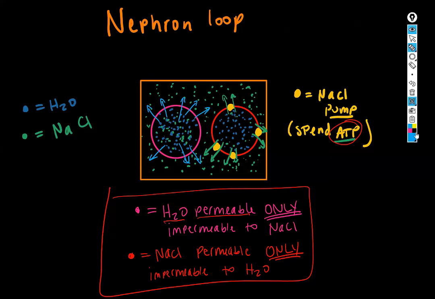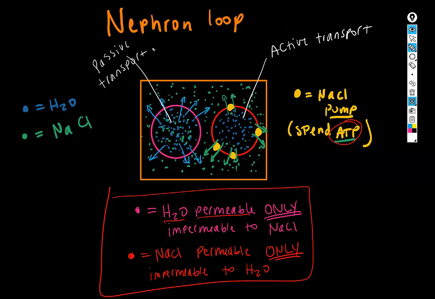Yes. So you can also summarize that this domain is active transport, and this domain is passive transport. But the passive transport over here is only happening because of the active transport of sodium chloride over here.